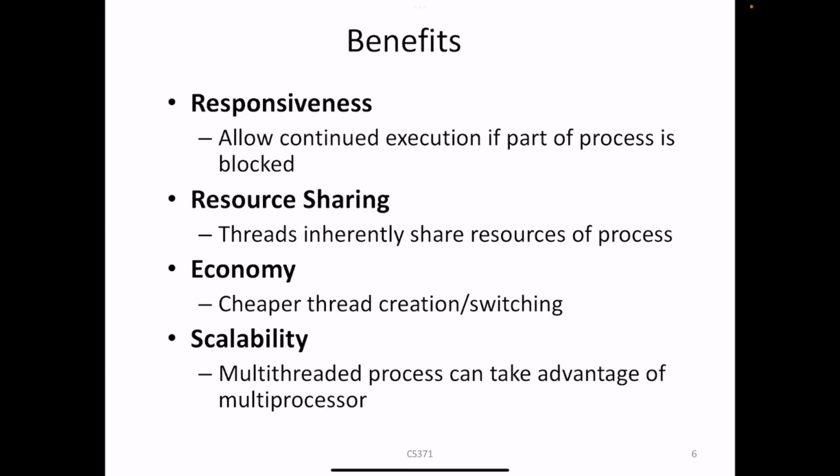Which means they can already share resources with each other and communicate with each other more easily compared with the multi-processing model. And also, compared to the multi-processing model, multi-threading can provide better economy because thread creation and switching are much cheaper than process creation and switching, as we already mentioned in the previous slide.